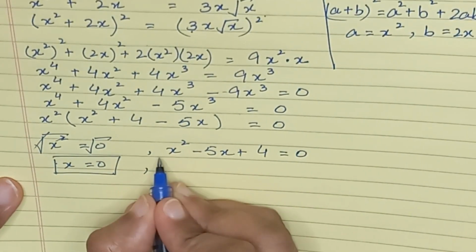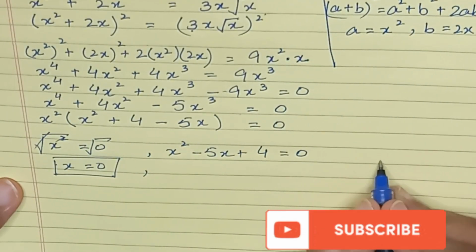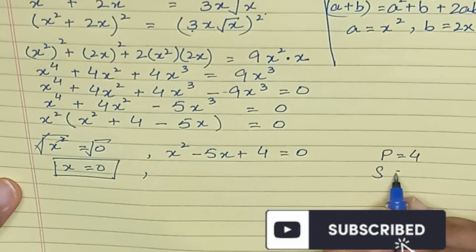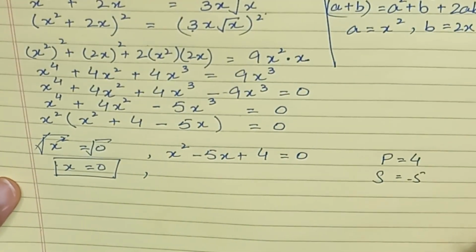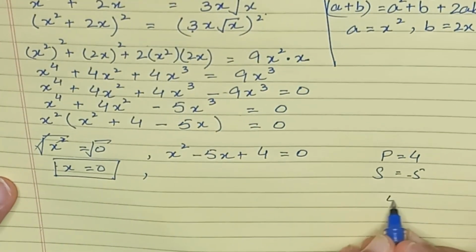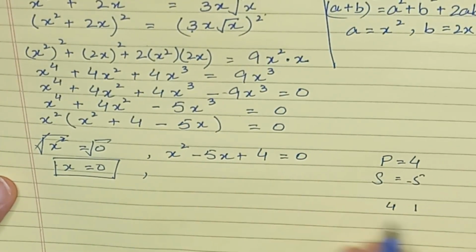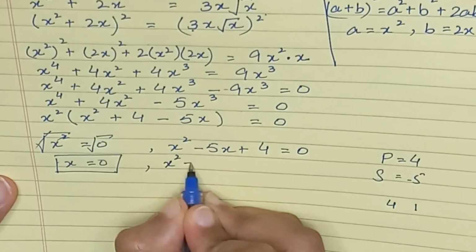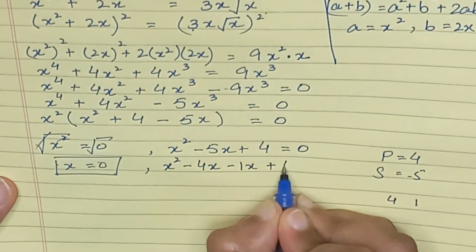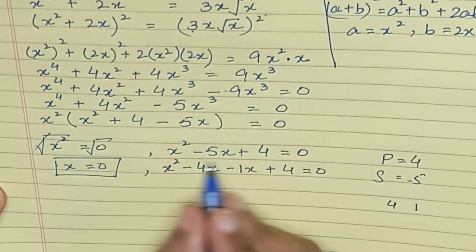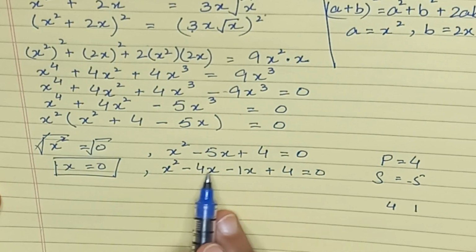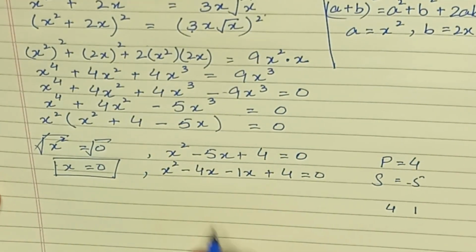So 1 into 4 will be 4. The product should be equal to 4 and the sum should be equal to negative 5. Now we will take factors of 4, which are 4 and 1. If we take negative 4x and negative 1x plus 4, which is equal to 0, so it is the same as negative 5x, and the product will be negative into negative, positive 4, 1 times 4.